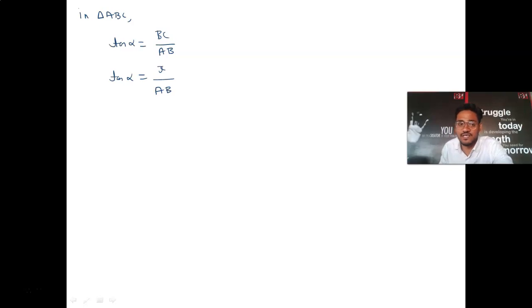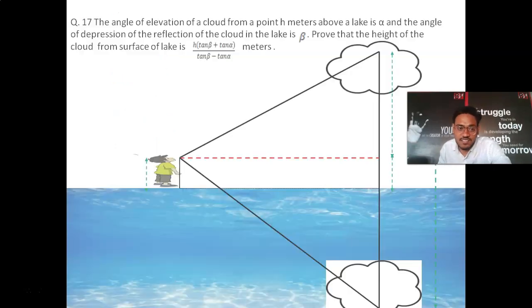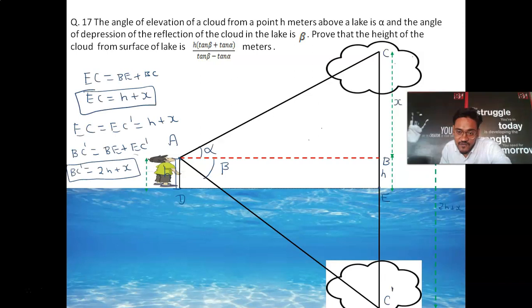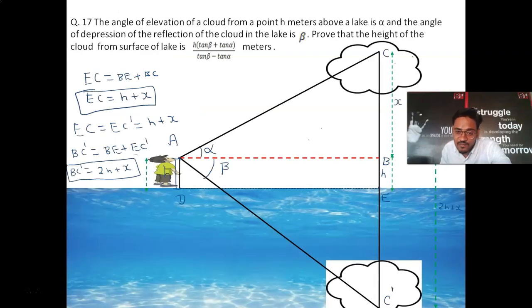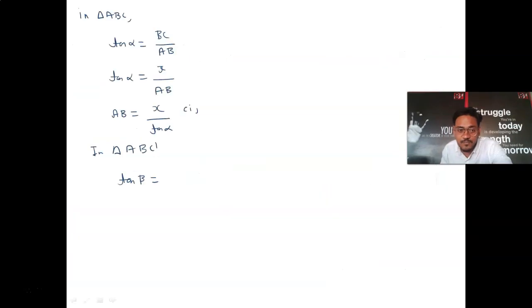I don't need AB. So if I calculate AB from here, AB will be X by tan alpha, because I will eliminate this in the end. See, AB is X by tan alpha, and if I observe triangle ABC dash, just tell me tan beta. What's going to be the value of tan beta? It's going to be BC dash upon AB.